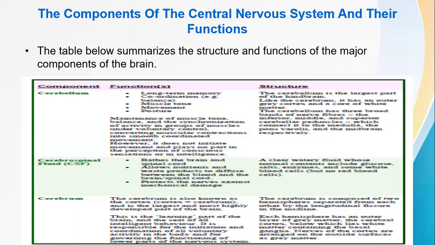It is responsible for initiation and coordination of all voluntary activity in the body. So all voluntary activities such as moving and walking are controlled and managed by the cerebrum. So those are the functions of the cerebrum. Also, it governs the functioning of the lower parts of the nervous system.